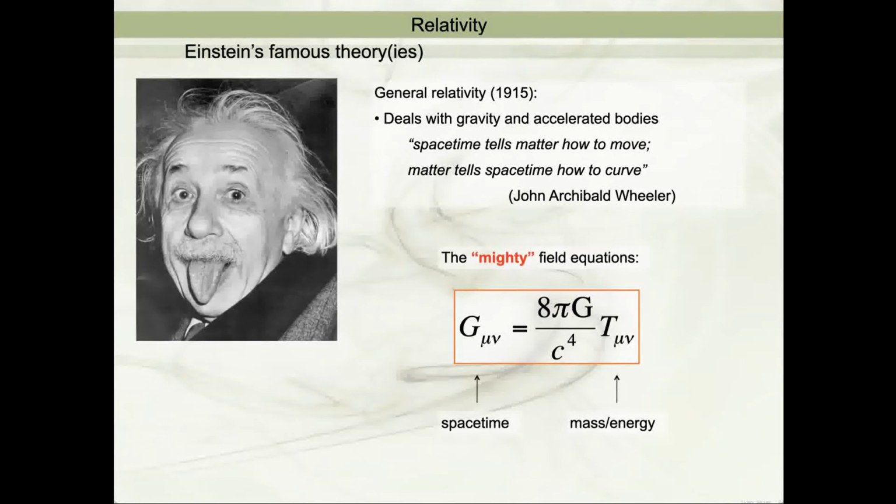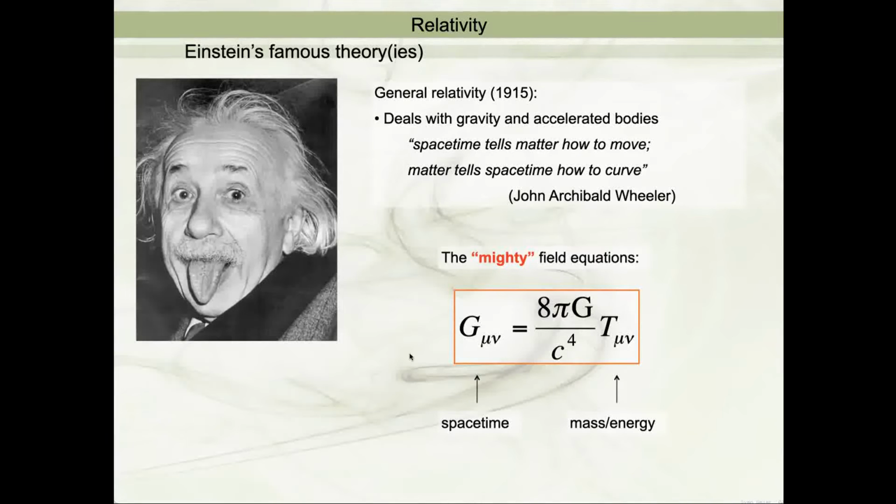everyone in the universe. And these are the mighty, I say mighty, field equations, because that's the E equals mc squared, if you want, of general relativity. And it looks like a simple equation, maybe.